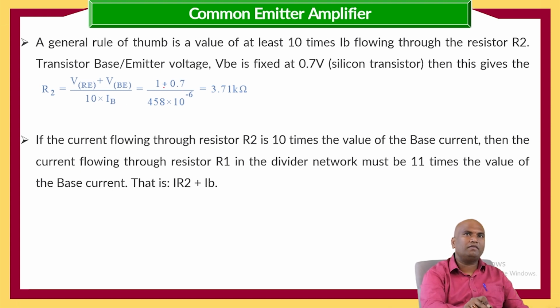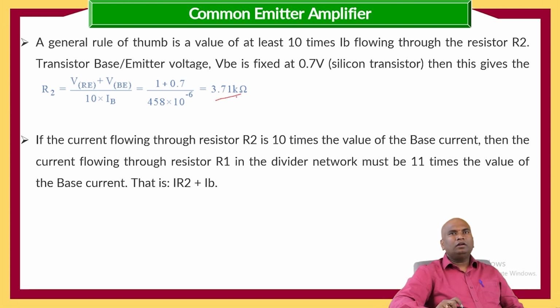Here the VRE value is 1, so (1 plus 0.7) by 10 into 45.8 microamperes, that is 458 into 10 to the power of minus 6, which equals 3.71 kilo ohms. Now we got the R2 value.